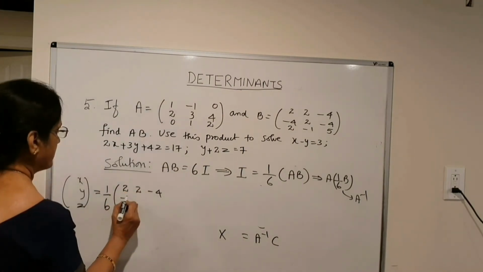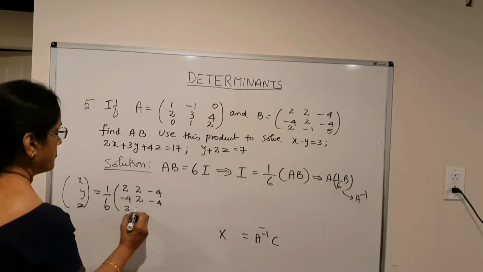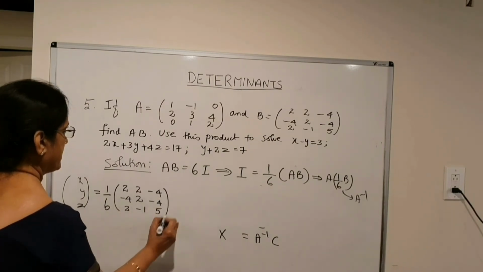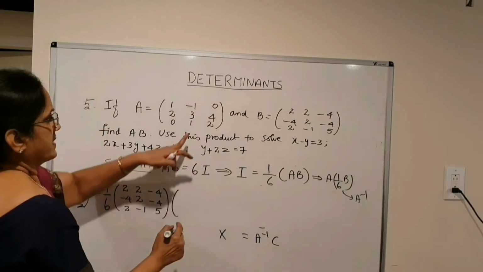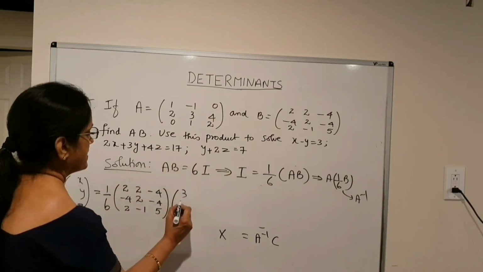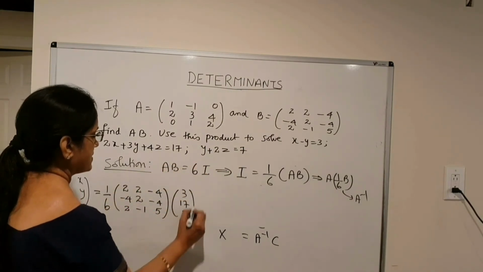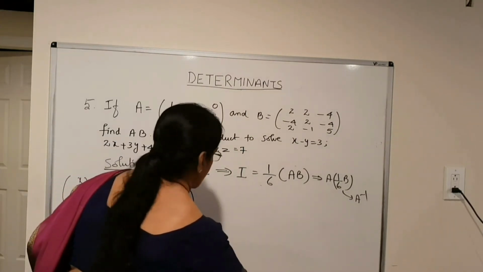Minus 4, 2, minus 4, 2, minus 1, 5, into C. C is nothing but, I got it as 3, 17, 7. That was given, 3, 17, 7. Okay, now I need to multiply to get the value of x, y and z.